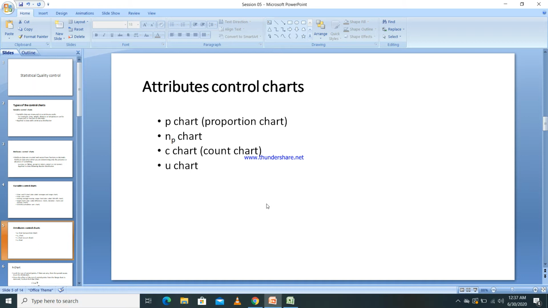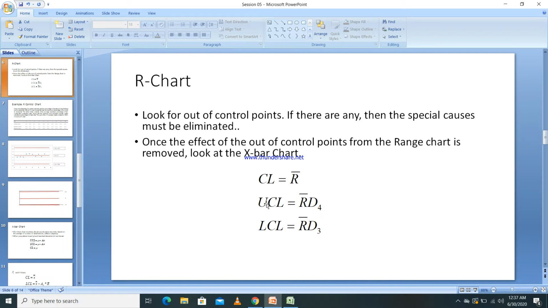Likewise, if you are concerned with the proportion in order to construct your chart, we call it a P chart, and it comes under attribute control charts. We'll be discussing a few of them in our coming sessions. So first, today we are going to discuss the R chart, which comes under variable control charts.